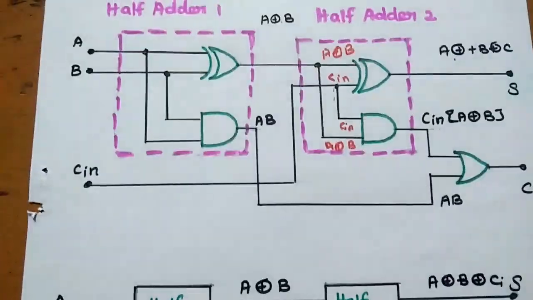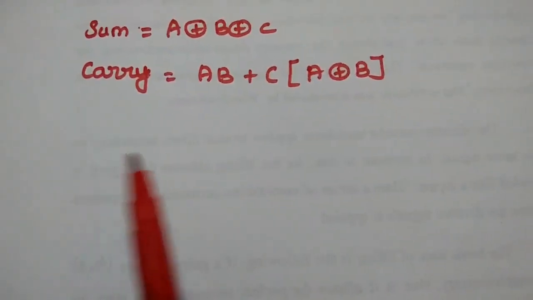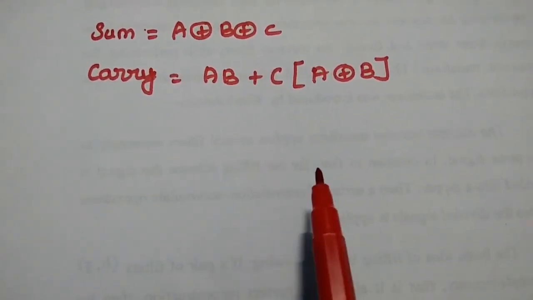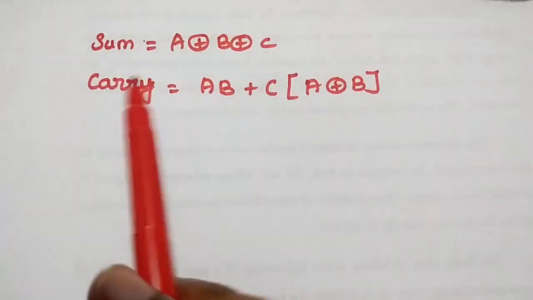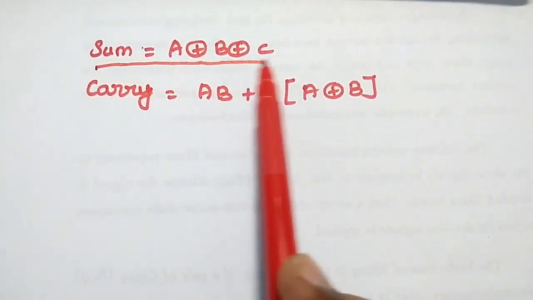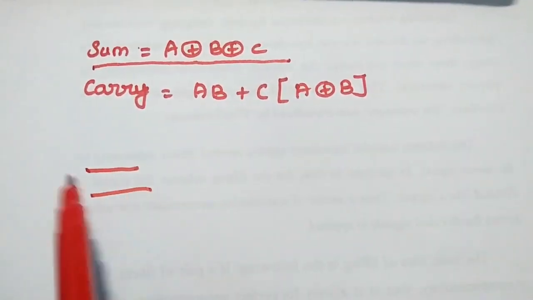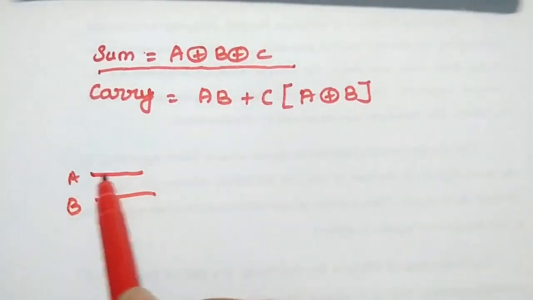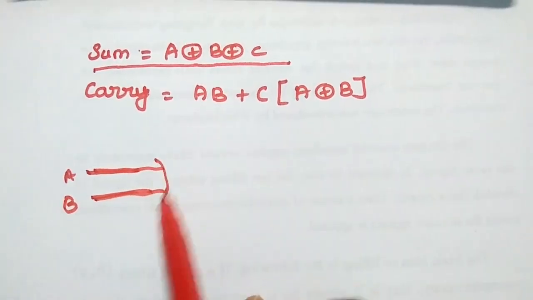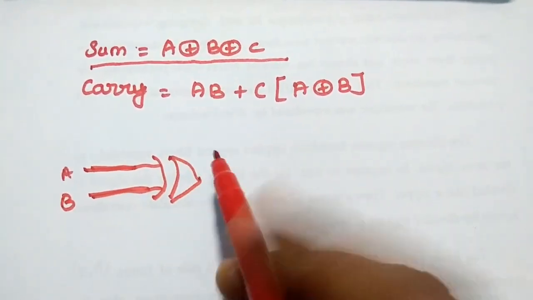It is a very important one. So let me draw the realization of full adder using half adder here. First we are going to draw the sum. A and B, these two inputs, are given to one XOR gate.